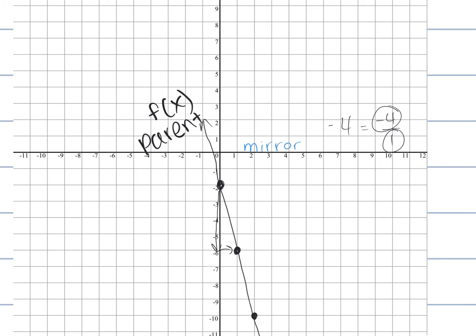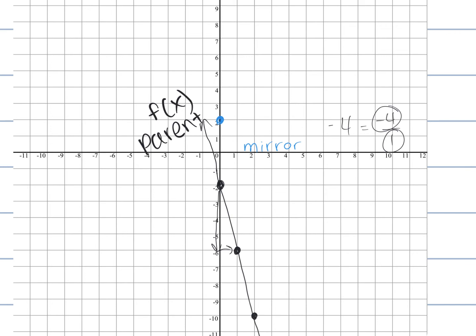Where do you think 0, -2, which is this point over here, where would that get reflected to? 2. 2 is not a point. 0, 2. Up here. 2, 0, AJ, is over here. Okay?